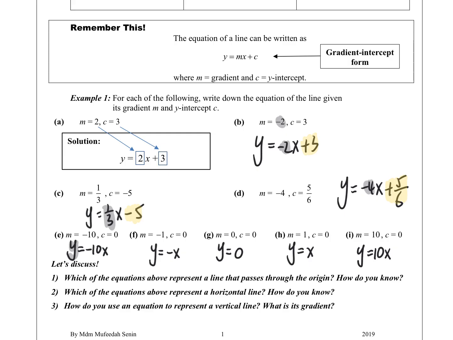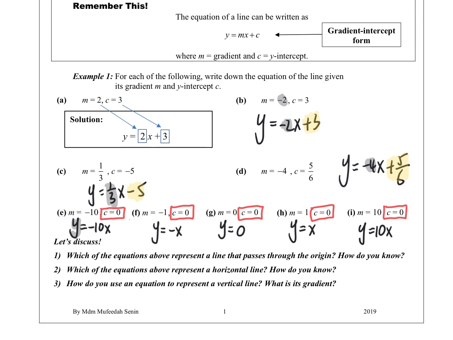Okay? So all this got no C, because they all cut through the y-axis at the origin. This one is a downward sloping line. The y-intercept is at 0. This one also, but gentler.